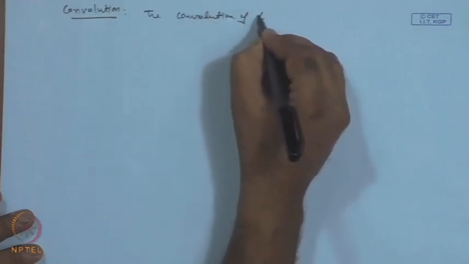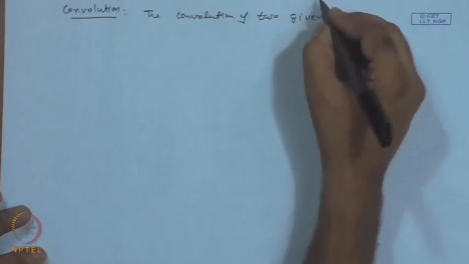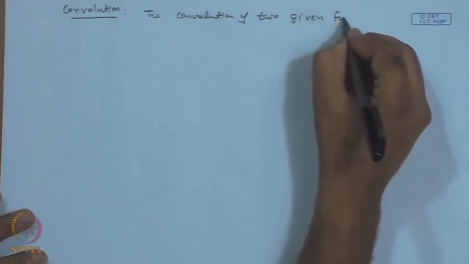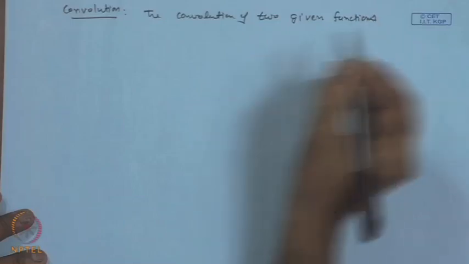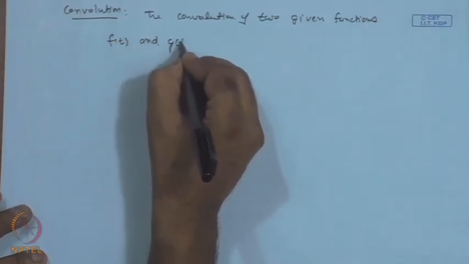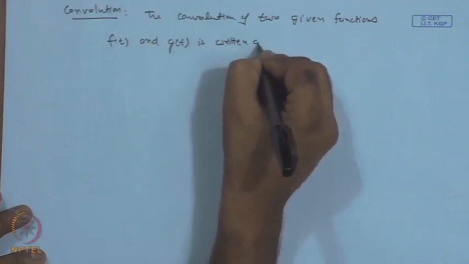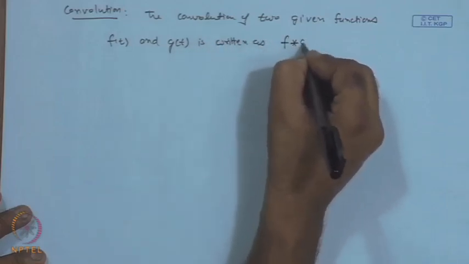The convolution of two given functions f(t) and g(t) is written as f convolution g.